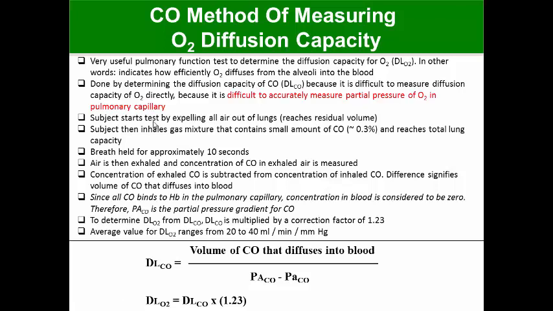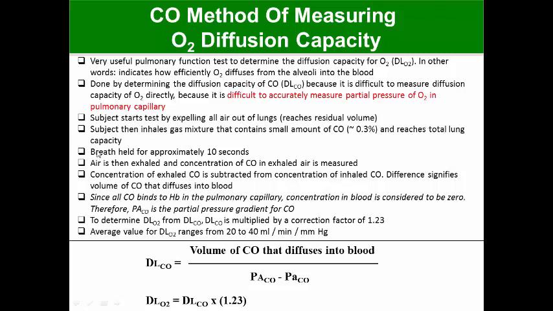So the air which remains now in the lungs is the residual volume. Then the subject inhales a gas mixture that contains a small amount of carbon monoxide, approximately 0.3%, and we ask the subject to inspire this mixture of gas till reaching the total lung capacity.